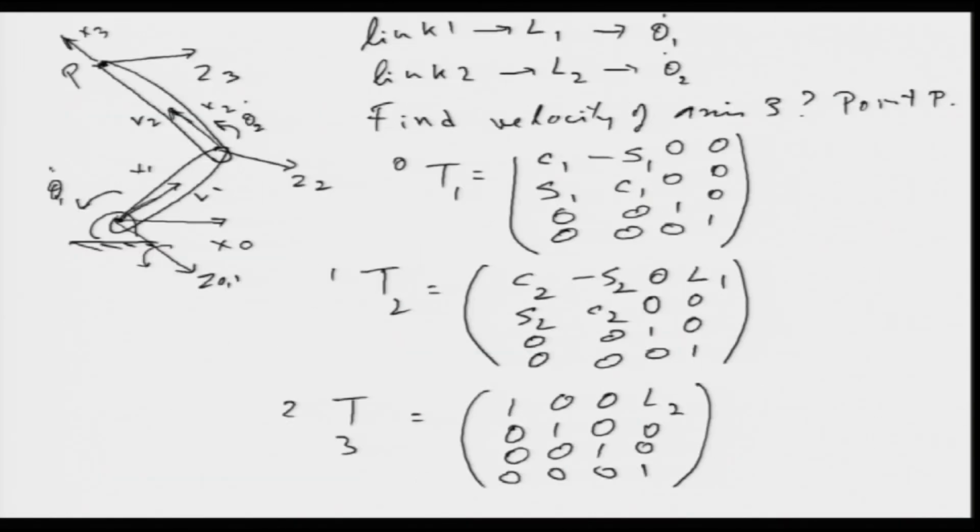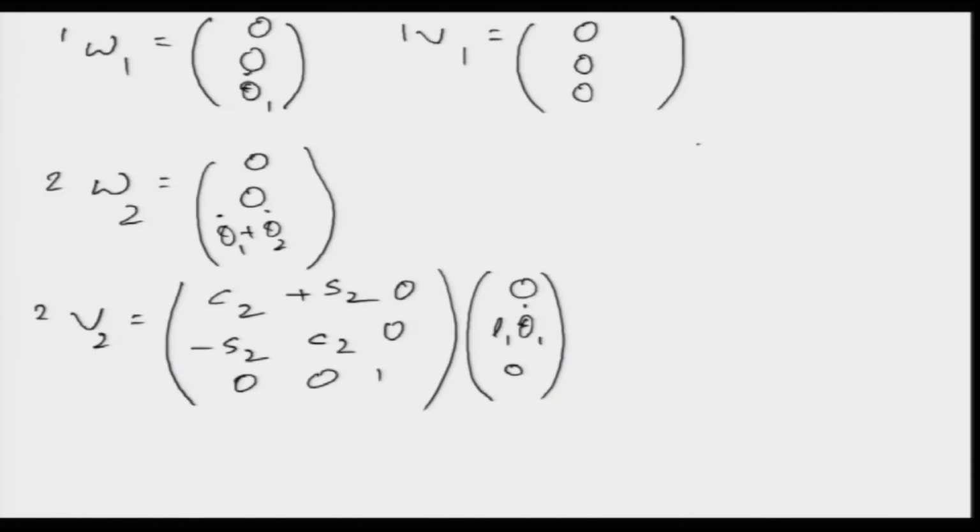So, what I am basically finding is omega cross pi. How did we get it? If I take the cross product, it is i j k. Omega I is omega 1 here, which is equal to 0 0 theta 1 dot, and what is pi?